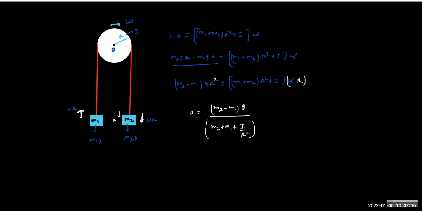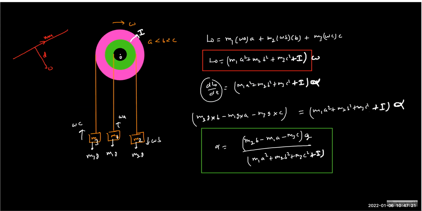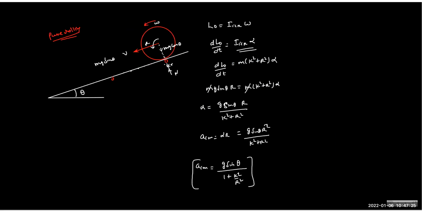Now, when should we not apply this method? Of course, you should not apply this method when the torque is variable. If you remember, in this case torque is always the same, no matter where the block goes. In this case too, no matter where the block goes, the torque remains the same. So these are the questions in which the torque remains the same.